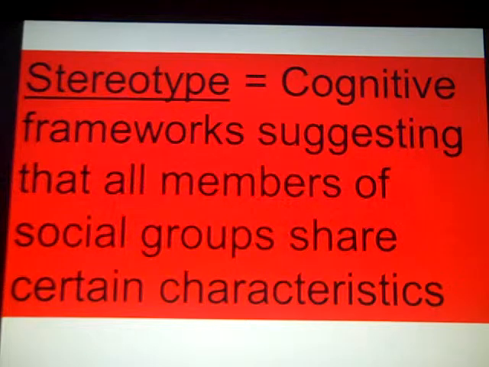Now, stereotypes. Stereotypes are cognitive frameworks suggesting that all members of social groups share certain characteristics. Certain cities have certain stereotypes, and we've kind of talked about that a little bit. San Francisco, California, is stereotyped as being the quote-unquote homosexual city in the United States. Well, there are homosexuals who live in every city in this country, and there are parts of San Francisco where homosexuals are not predominant.